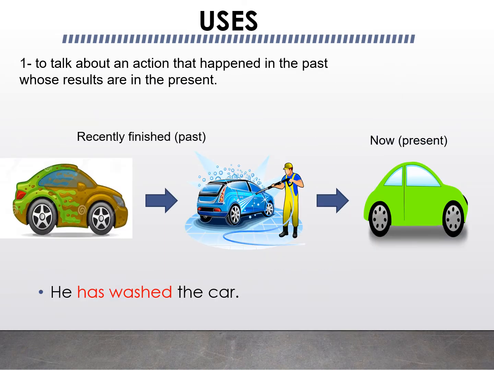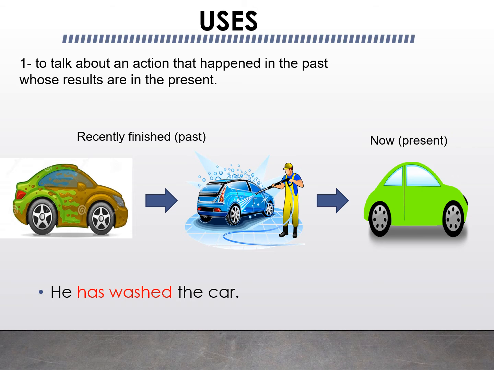Now let's talk about the uses of the present perfect. We are going to talk about 3 uses for the present perfect. The first use is to talk about an action that happened in the past whose results are obvious in the present. So take a look at these pictures. First of all, in the past, which has recently finished, the car was dirty, the man cleaned the car, and now the car is clean.